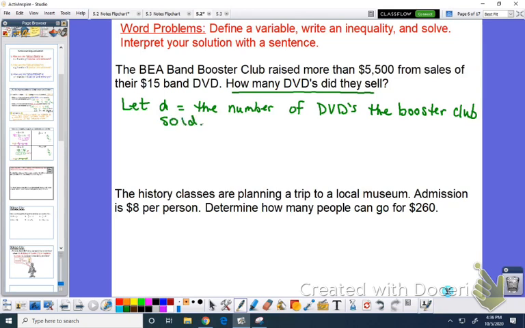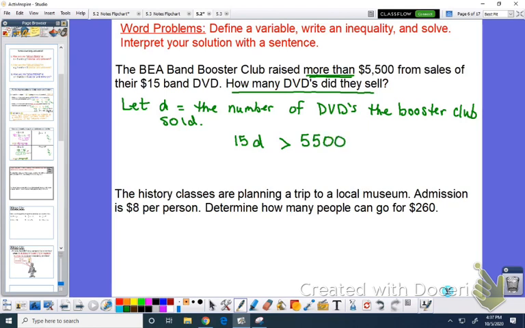Okay, and so from that we know that each DVD was $15, so we're going to have 15 times D, and they wanted more than 5,500, so that has to be greater than 5,500.